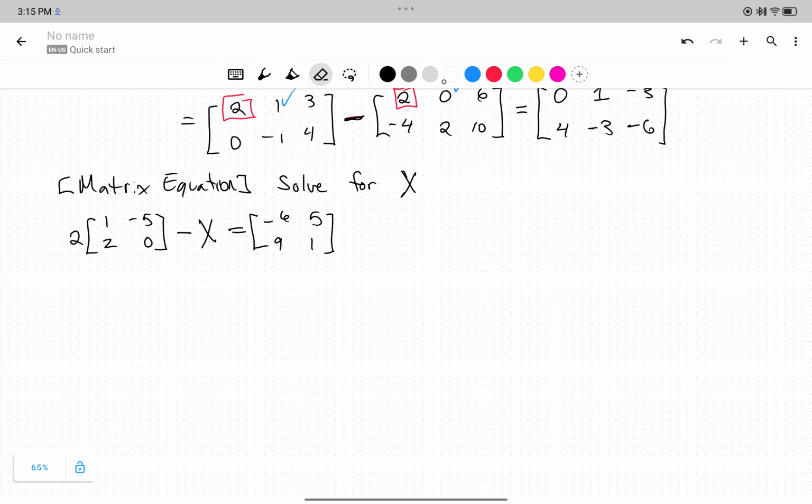Okay, so with that in mind, multiply the 2 first, and then we'll subtract it from both sides. So that's going to be a 2 times 1, 2 times negative 5 is negative 10. 2 times 2 is 4. 2 with 0 is 0. And then nothing happens over here yet.